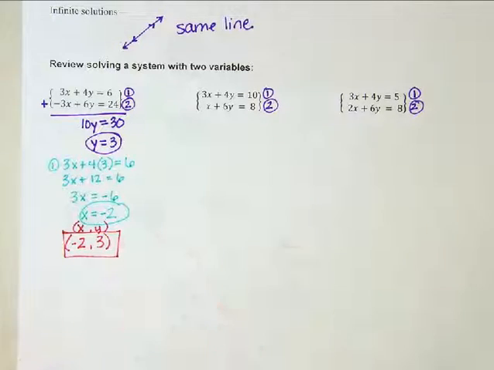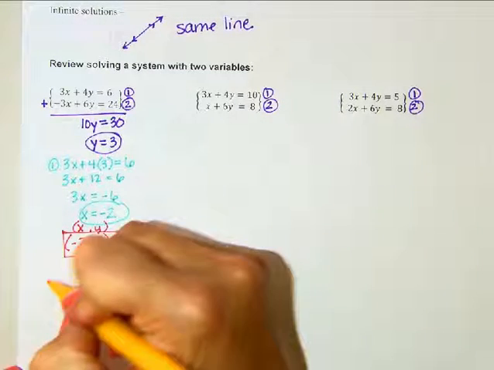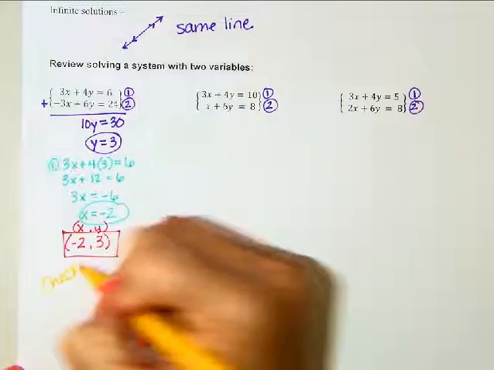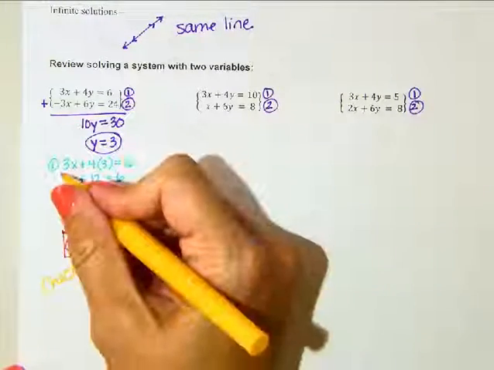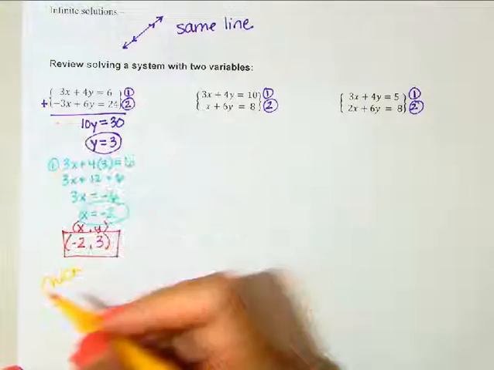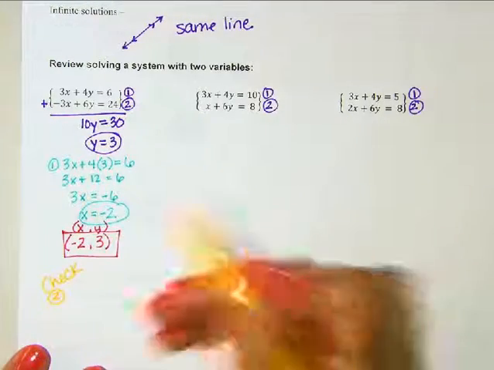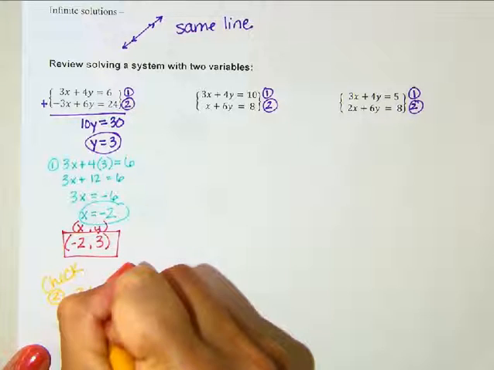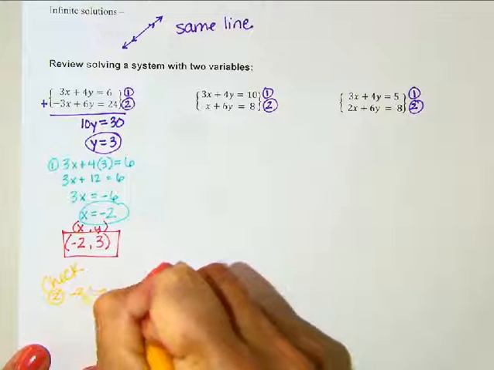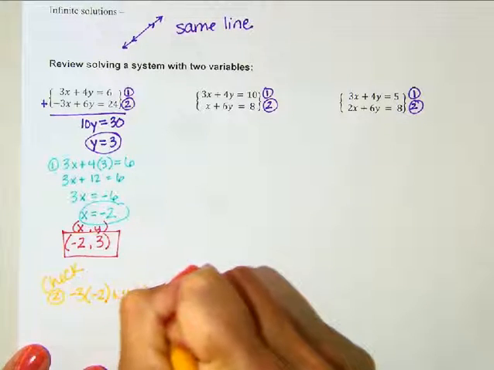I want you to get in the habit of checking. I used equation 1 to find x, so I'm going to use equation 2 to check it. I plug in my x and y: negative 3 times negative 2 plus 6 times 3 equals 24.